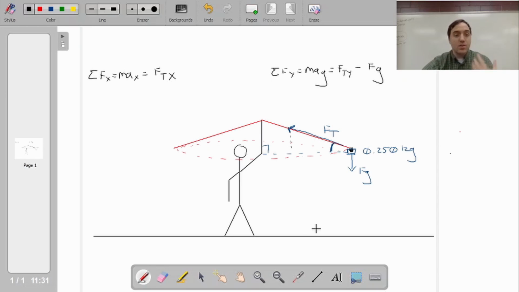Now, this is moving in a circle, so there's an acceleration pointing in towards the center of the circle, but this declined angle here means that it's not the only force. However, if you're moving this at a constant speed as you move this rope over your head, the height in the y direction will stay constant, which means that I'll have zero acceleration in the y.